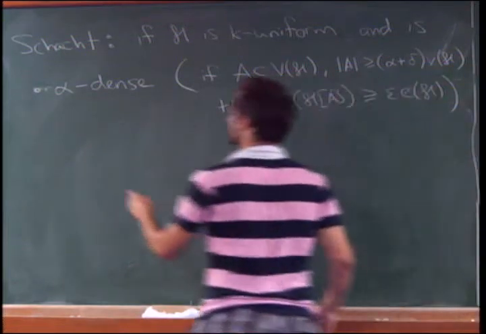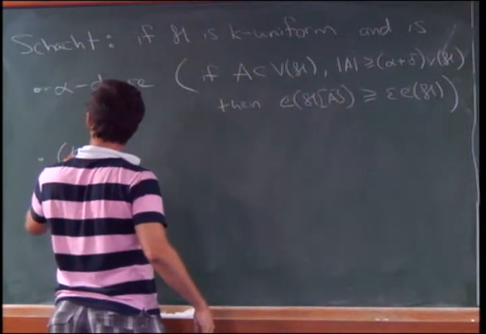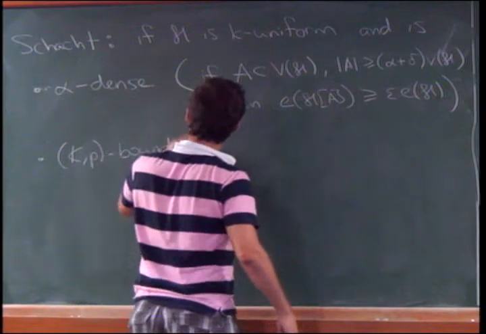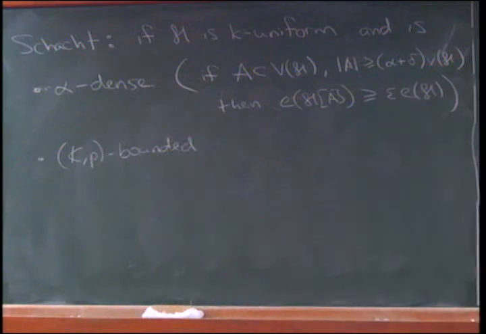And what else did he assume? He assumed something called K-P bounded, which I don't really want to get into. It just means that p is sufficiently large so that the trivial... So in each case, the trivial result was if p is really small, there are so few copies of our object that we can destroy them all really easily.